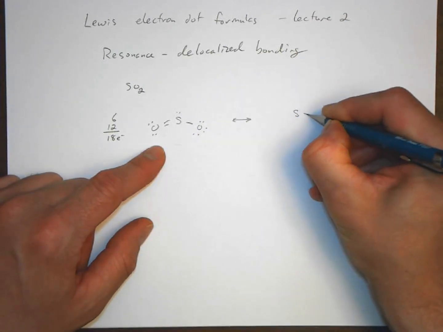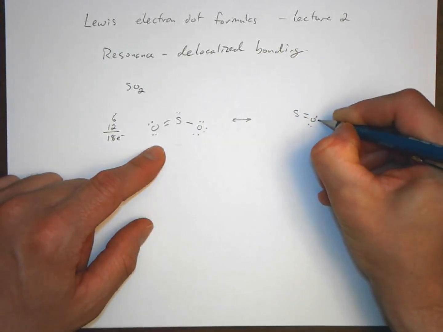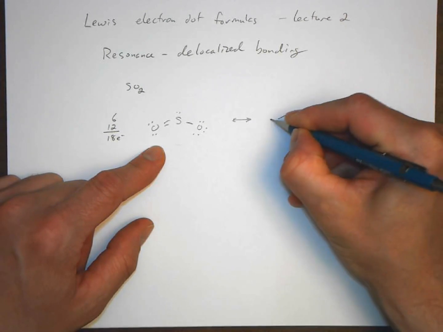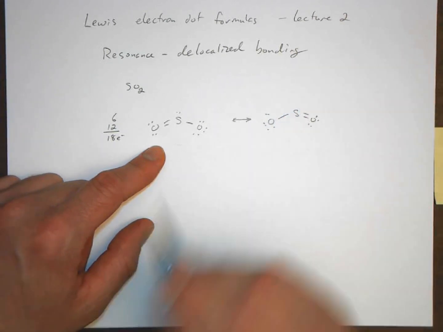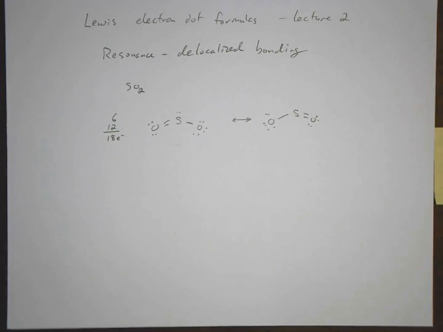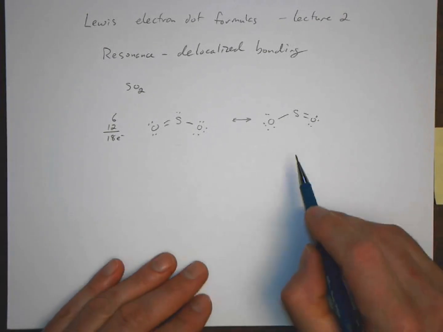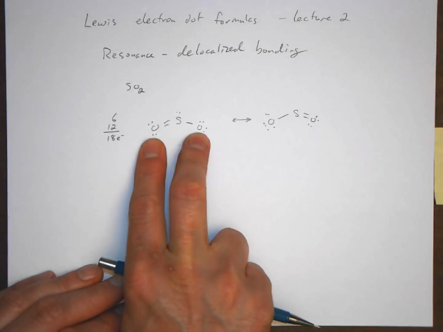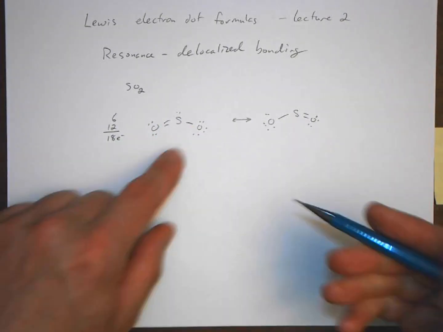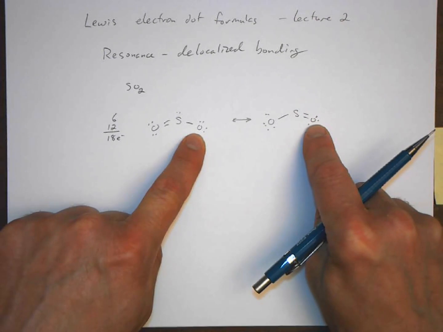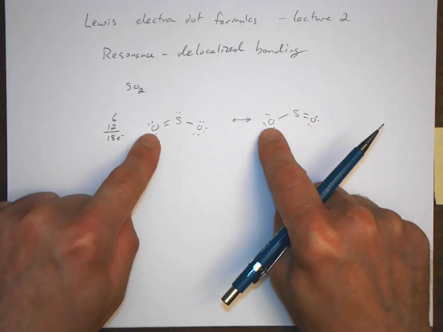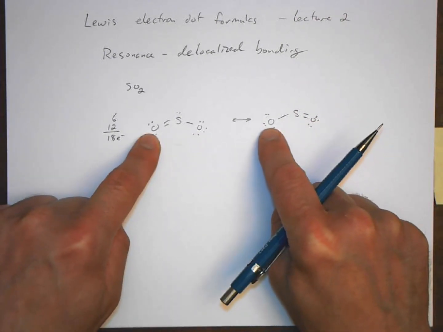Essentially, you need both this one and this one to describe it. And here's why. I haven't just taken this molecule and flipped it over. This oxygen is the same as this oxygen, and this oxygen is the same as that oxygen.